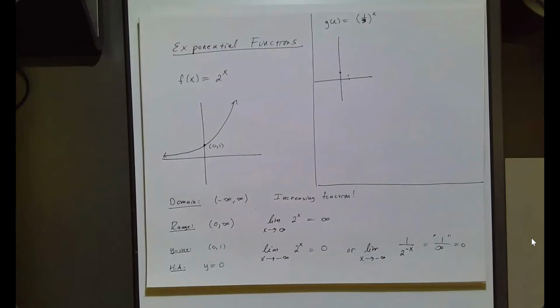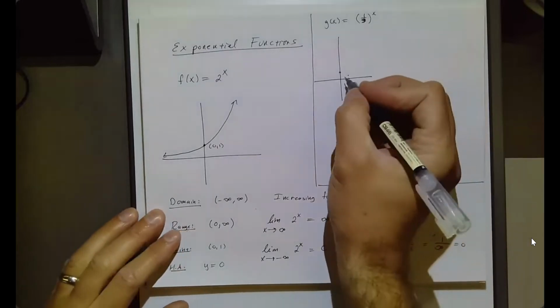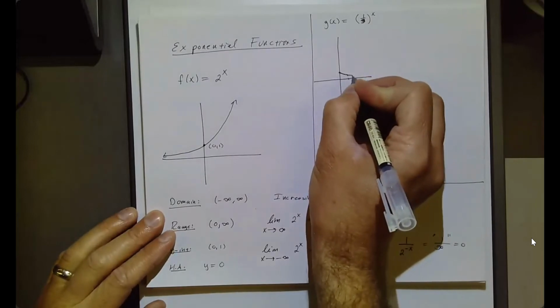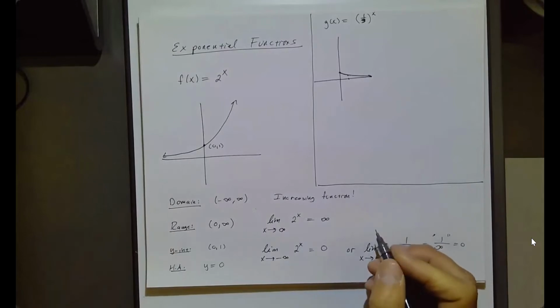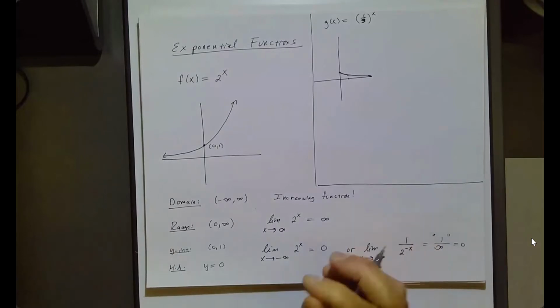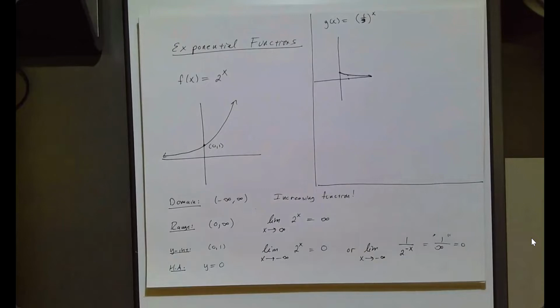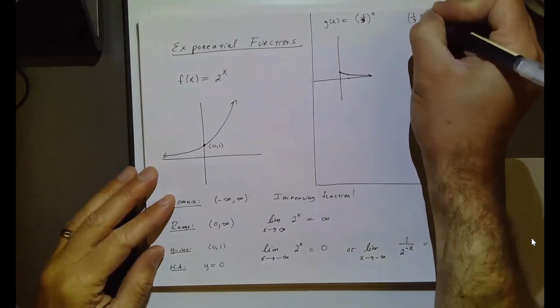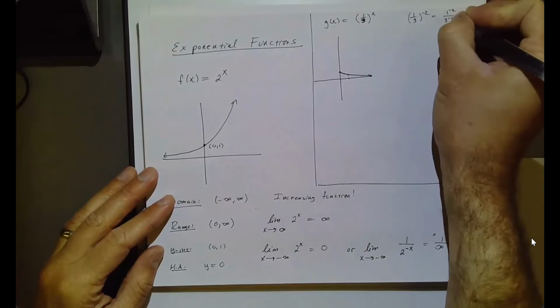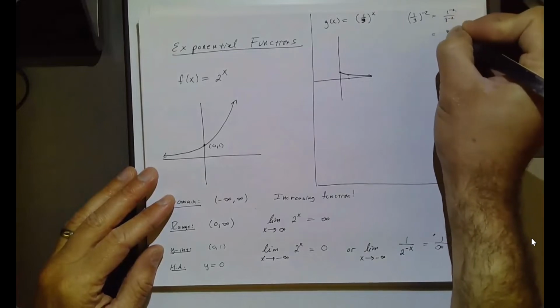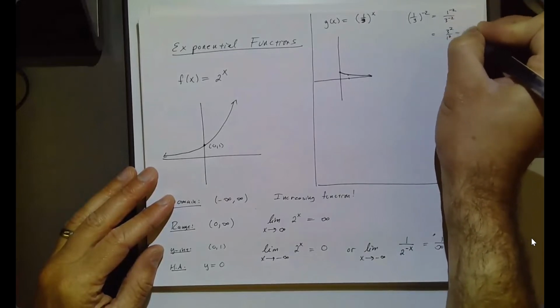Still positive, but lesser. So as I go to the right, my values are going to get smaller and smaller and smaller. As I go to the left, they're actually going to get larger and larger. 1/3 to the -1 is the reciprocal of 1/3, which is 3. 1/3 to the -2 is 1 to the -2 over 3 to the -2, which is really 3 squared over 1 squared, which is 9.